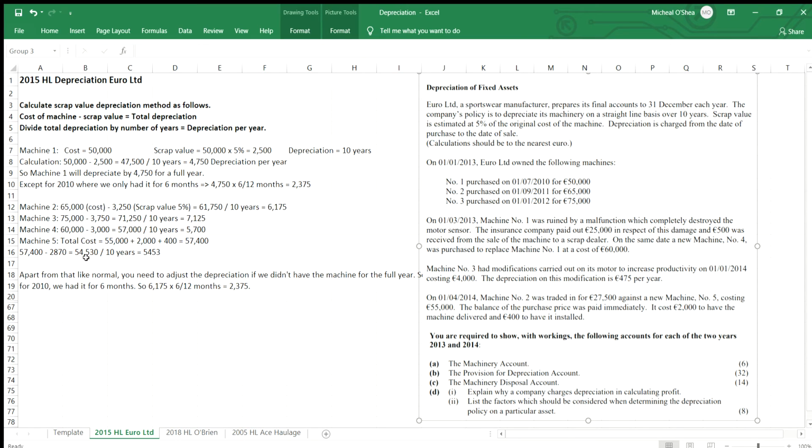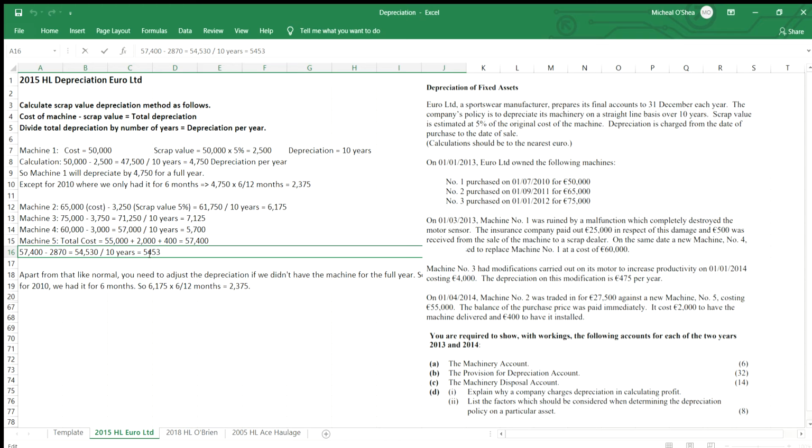I take that away, gives me just shy of 55 grand divided by 10 years. And my depreciation per year for machine number 5 is 5,453. So, as I've said here, apart from that, like normal, you need to adjust the depreciation if we didn't have the machine for a full year.